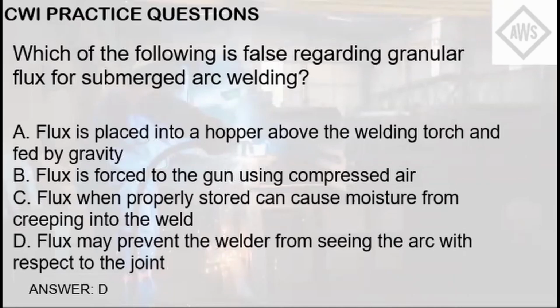If it is properly stored, it can function properly, not letting moisture creep into the weld. It must be stored properly to preserve its function, to prevent the weld from atmospheric attacks, basically from hydrogen, oxygen, and all those kinds of things. So the answer here is letter C, not D.